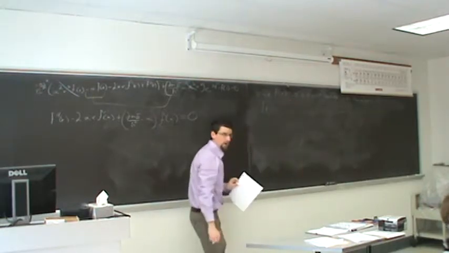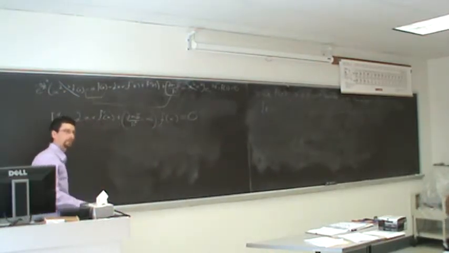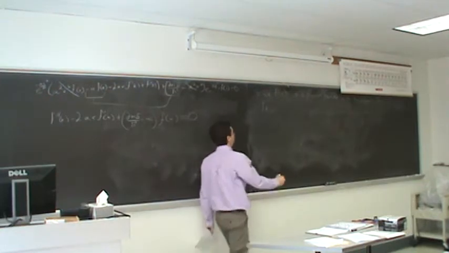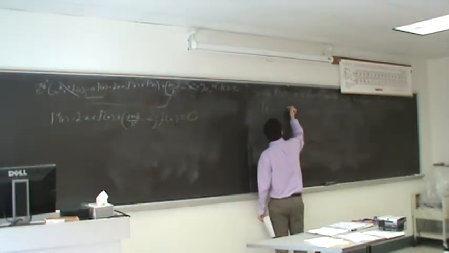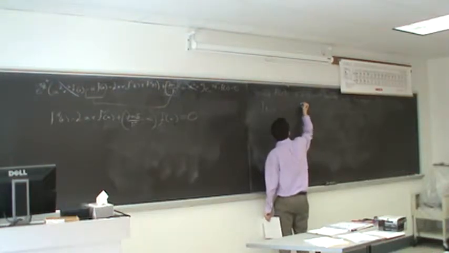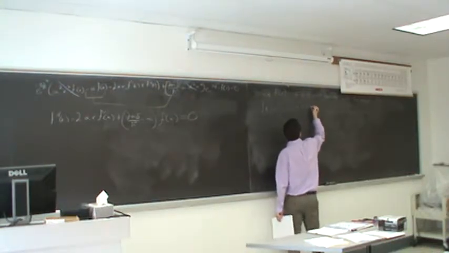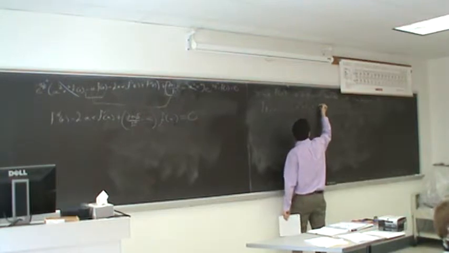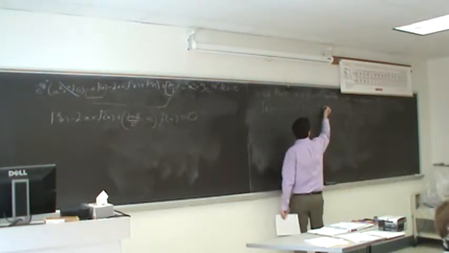If we go back to our general form, we had c0 plus c1 x raised to the power 1 plus c2 x raised to the power 2, and so on.